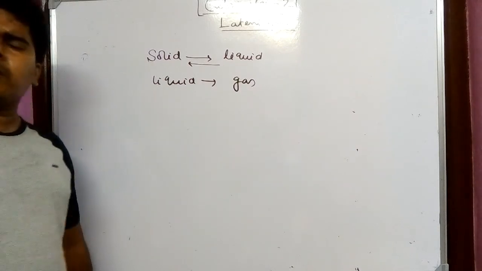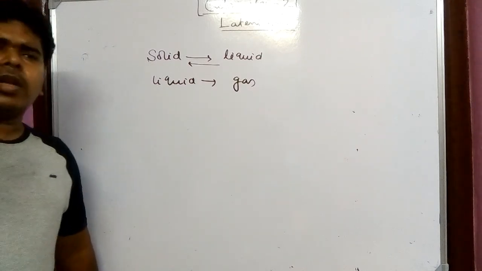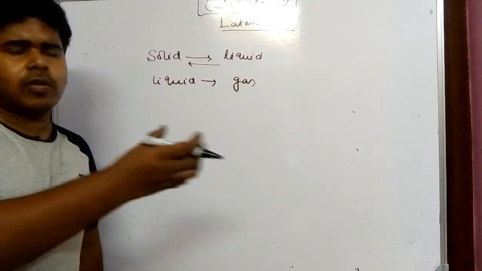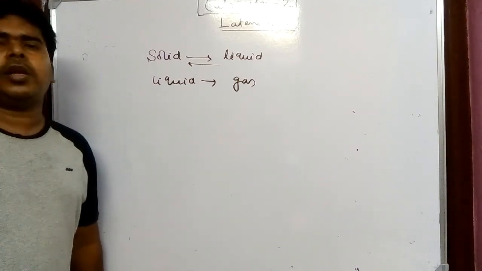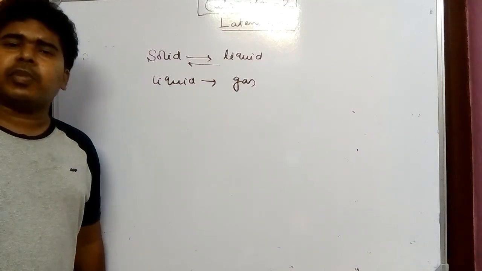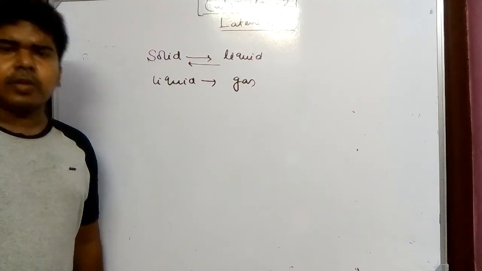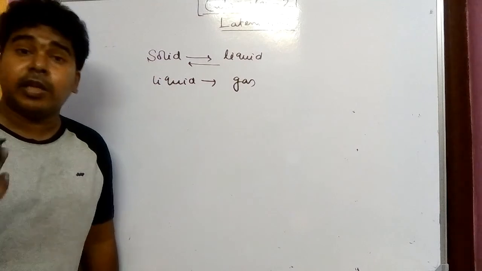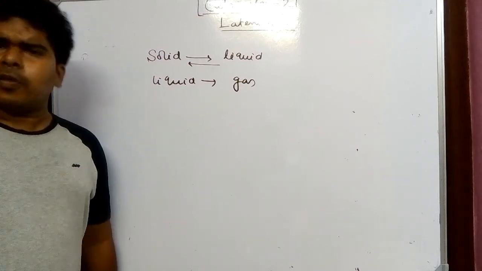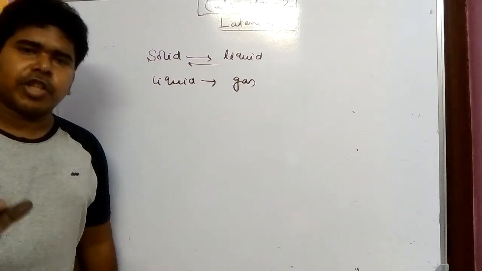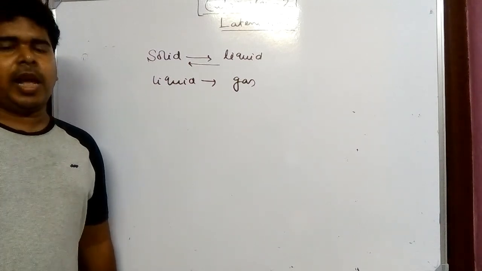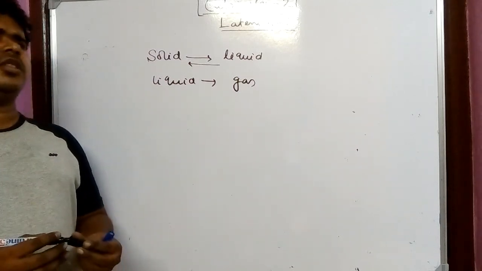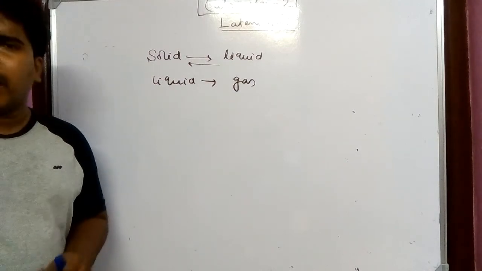So it seems that we are giving heat energy or extracting heat energy from a body, but the temperature is not changed. Where does this heat energy go? This heat energy is responsible for changing the state, and that heat energy is known as latent heat.